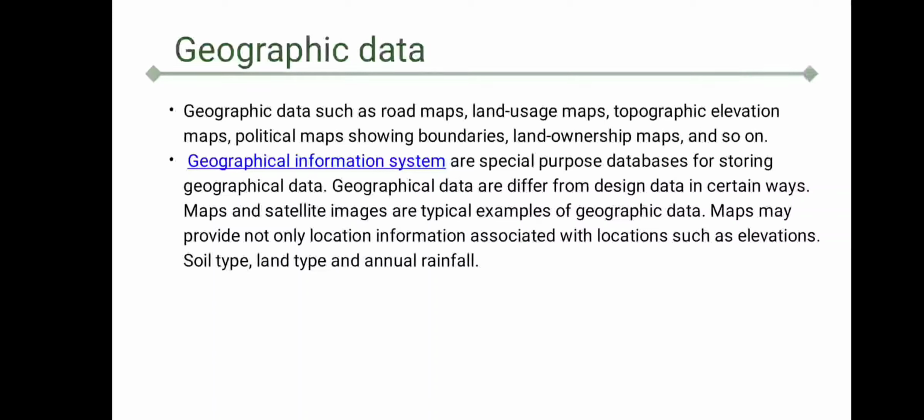Means whatever data shows you the geographic location, geographic road maps, geographic boundaries, is known as geographic data, which stores the data about the location and information associated with the location such as elevation, soil type, annual rainfall, weather. Maps and satellite images are typical examples of geographic data.